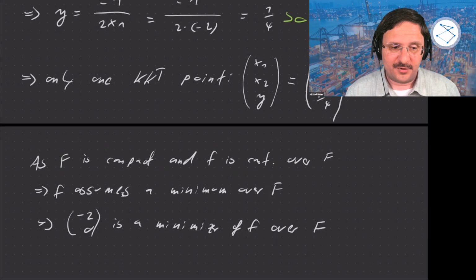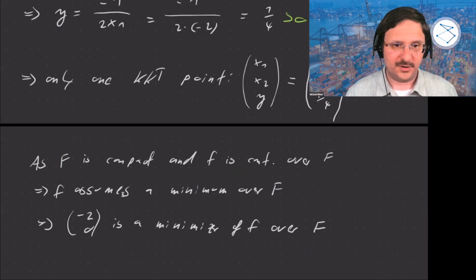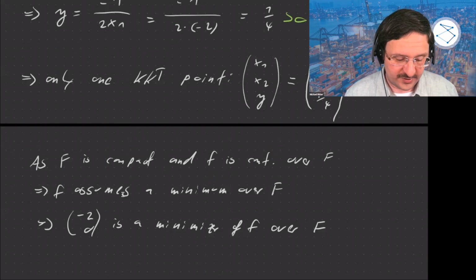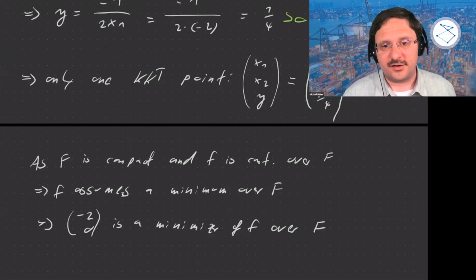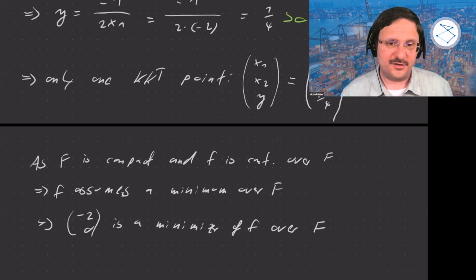It can happen that more than one point yields the same function value, and that's the minimum function value. So the minimizer need not be unique. There may be more than one. But if you get more than one candidate point, you usually just have to compare the function values and see which ones are minimizers.